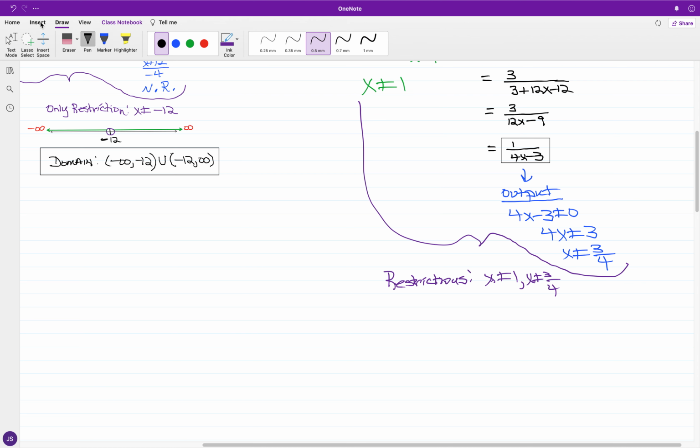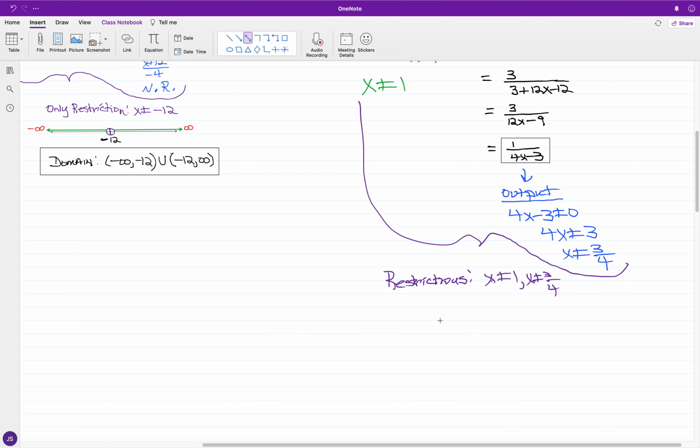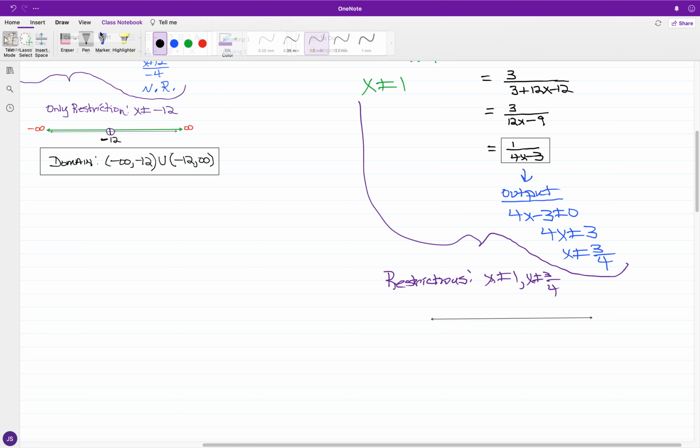Looking at what we have here, you have two restrictions from the domain, and they are in close proximity to each other: 3/4, which is 0.75, and 1.